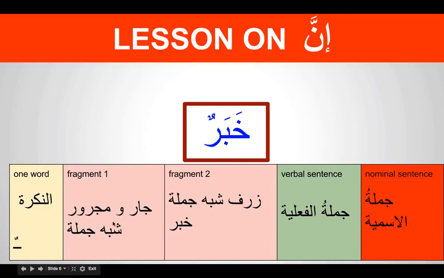Then we have 2 types of fragments, which are jar majrur shibu jumla khabar and zarf shibu jumla khabar. The 4th type of khabar is jumlatul fa'liya coming as a khabar, and the 5th type is jumlatul ismiya coming as a khabar. So these will remain the same. The only thing that will change is that the mubtada will be called ismu inna, and that will be mansoob.